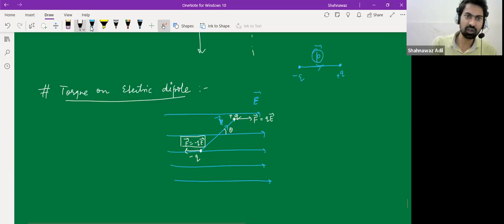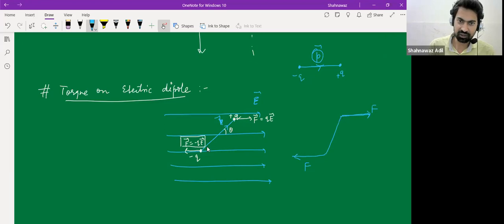So let us draw the diagram here. We have a couple. This is one force and this is the other force, and this angle is theta.